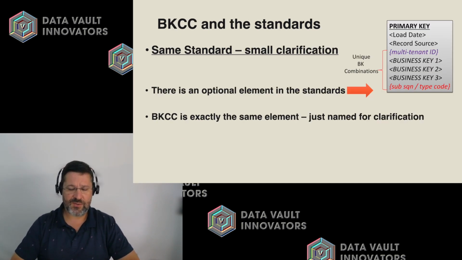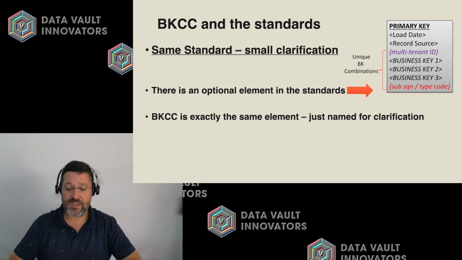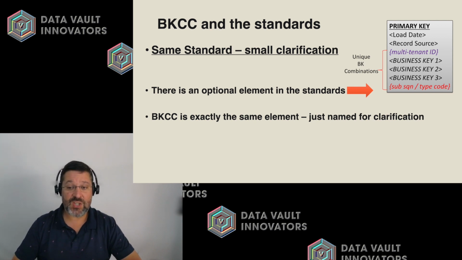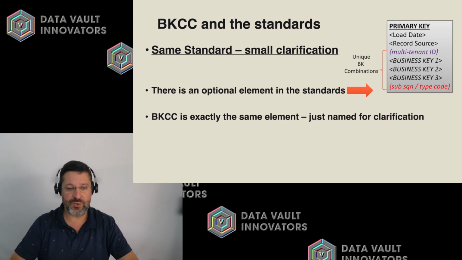That sounds so strange. Well, it's actually just a small clarification of the existing standard. In all of the documentation that you will find for Data Vault, you will find that the subsequence or type code are mentioned in the hub business key standards. That is not changing the particular element. It's simply using a different name to clarify its use.